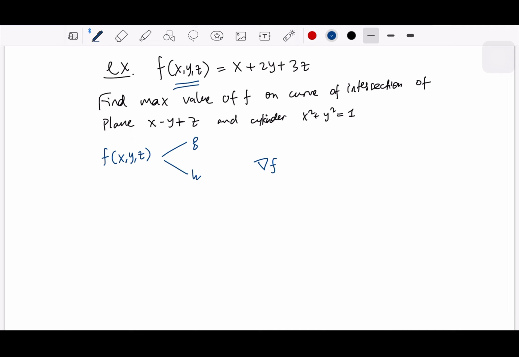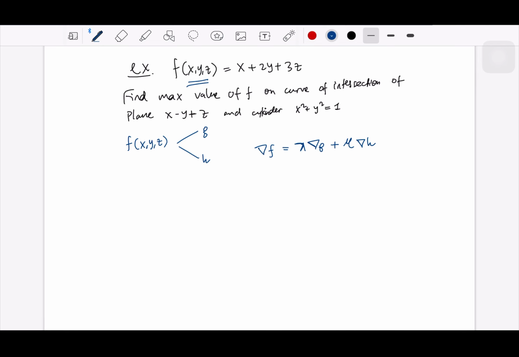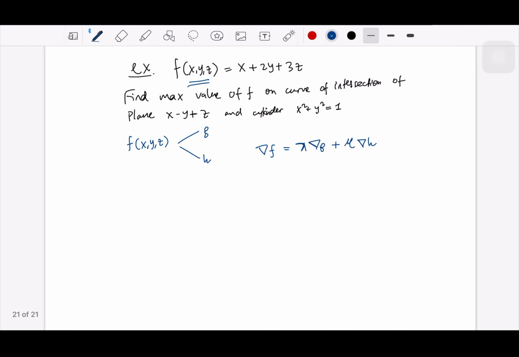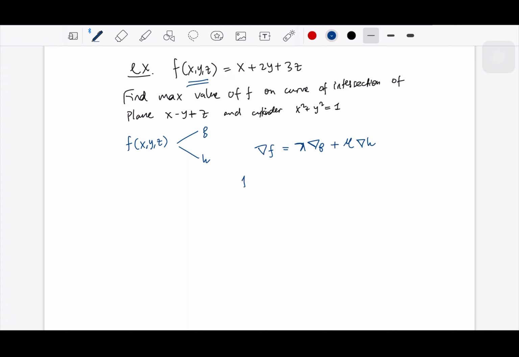So we will have a gradient vector, and we can try to solve this. For partial x we have 1 = lambda + 2x mu. For y we will have 2 = negative lambda + 2y mu.